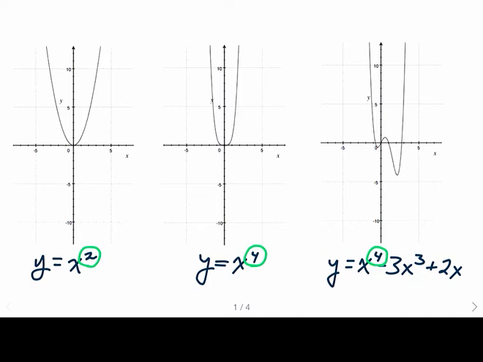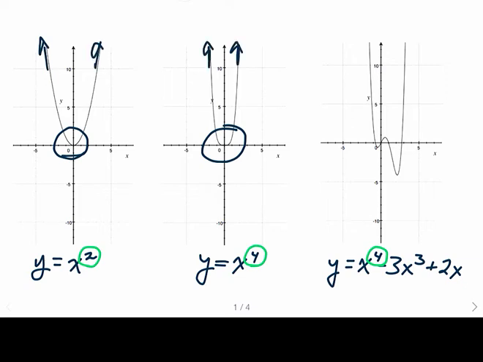As we saw with the previous graphs, when the exponent is higher, as in y = x^4, the graph flattens out more at what would be its vertex at the origin than it does for y = x^2. So they grow at different rates. They flatten out in different ways near the origin, but the ends point in the same direction.